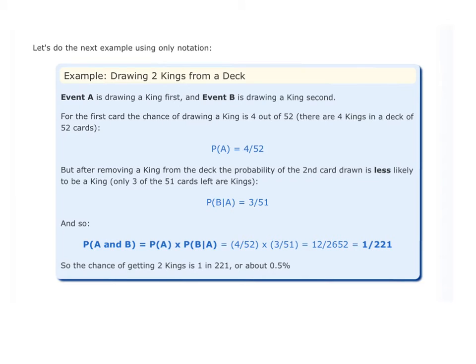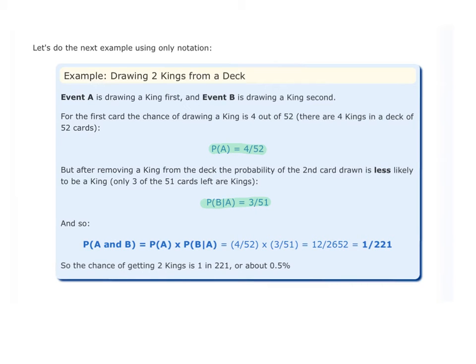So for the first card, it's very straightforward. Probability of drawing a king is 4 out of 52 because there are 4 kings in a deck. But after removing a king, you only have 3 kings left and only have 51 cards left in total. So the second probability of drawing a king, the second chance, becomes 3/51.